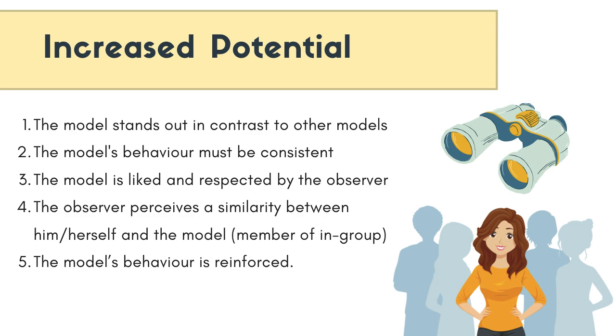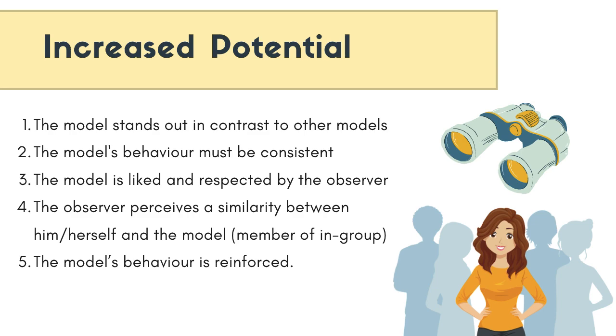The model needs to be liked and respected by the observer, and we are unlikely to pay attention to or learn from someone we don't find likable, right? And a lot of the times a person is likable to us based on similarities and our perception of our similarity with them.